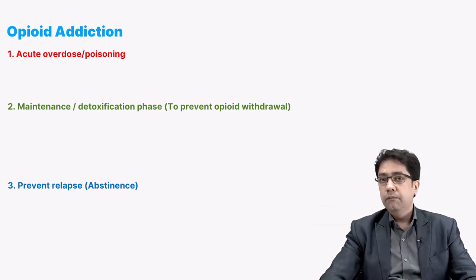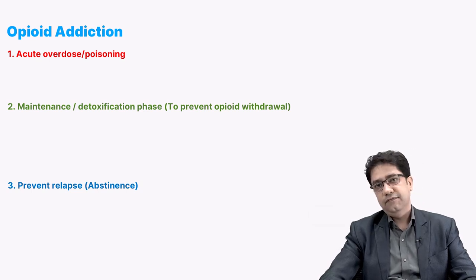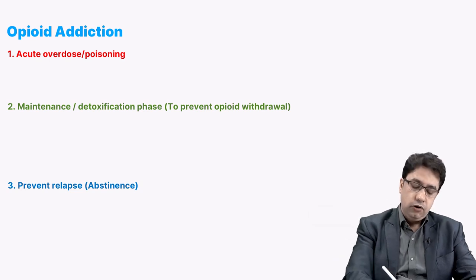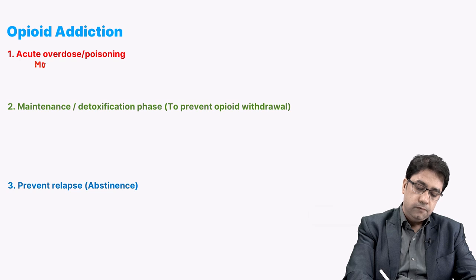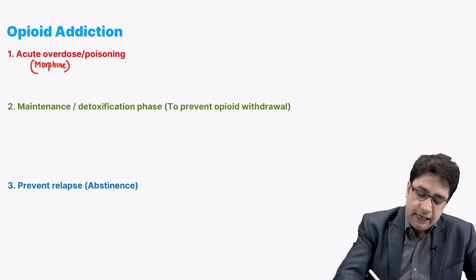Now this is a very important slide. Let's talk about how to manage a patient of opioid addiction. Imagine a patient of acute overdose or acute morphine poisoning comes to you. We already know the symptoms of morphine poisoning or opioid overdose. What is the antidote?